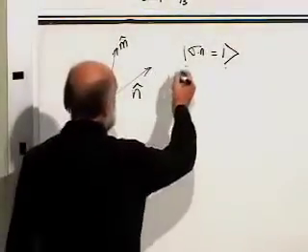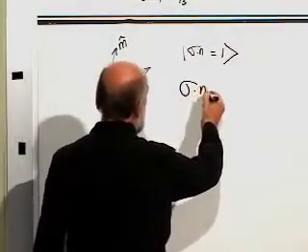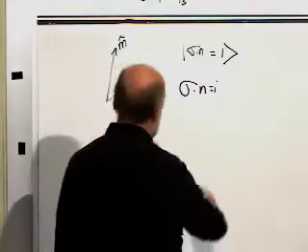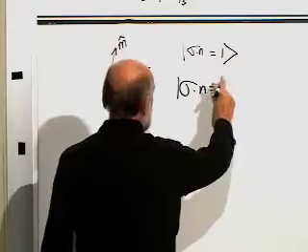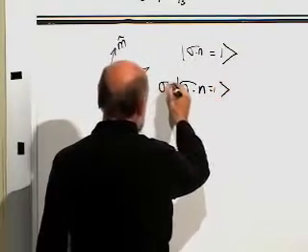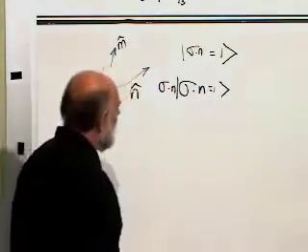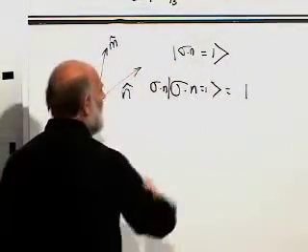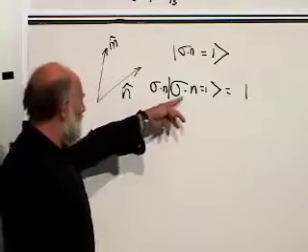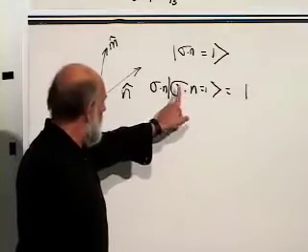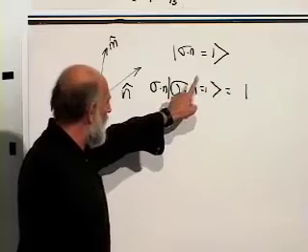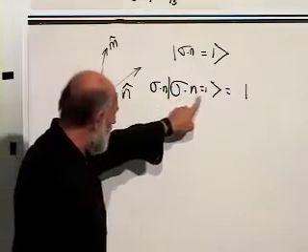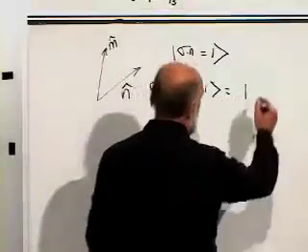It satisfies that if you apply sigma dot n to it, you just get the same vector back. This whole elaborate thing here is just a statement that I'm talking about the eigenvector of sigma dot n with eigenvalue plus 1. If I apply sigma dot n to such an eigenvector, I just get 1 times the same vector.